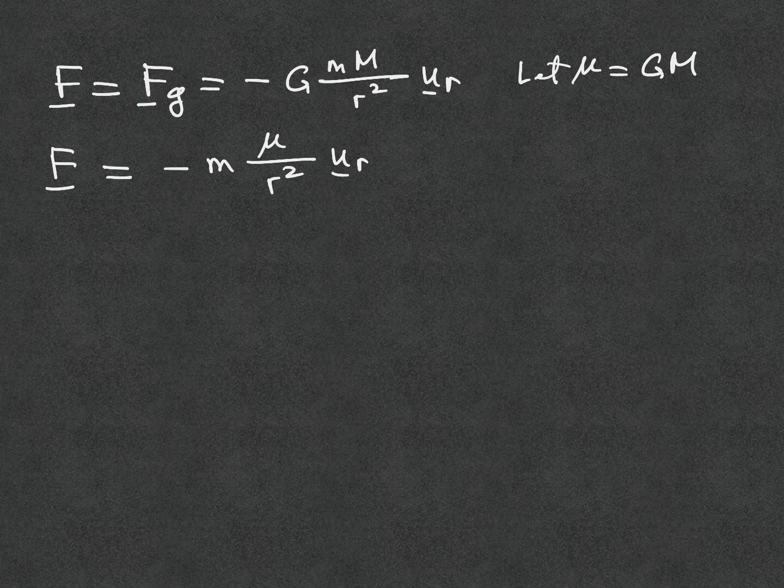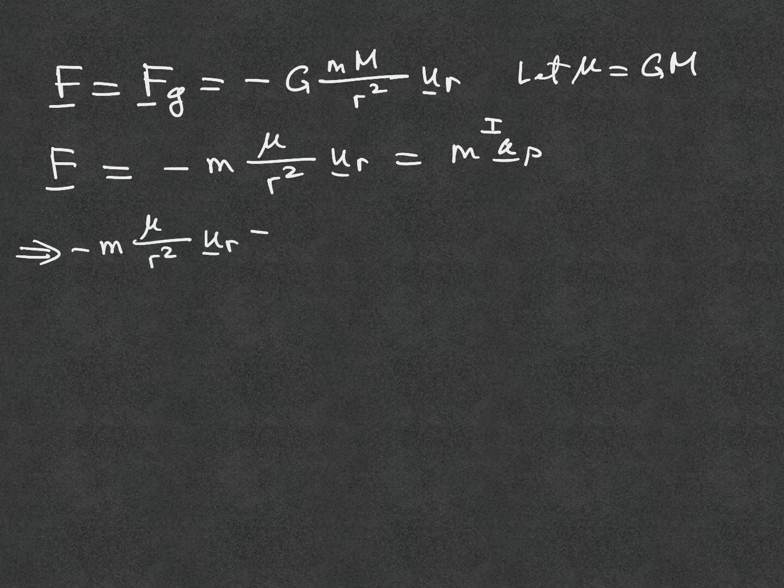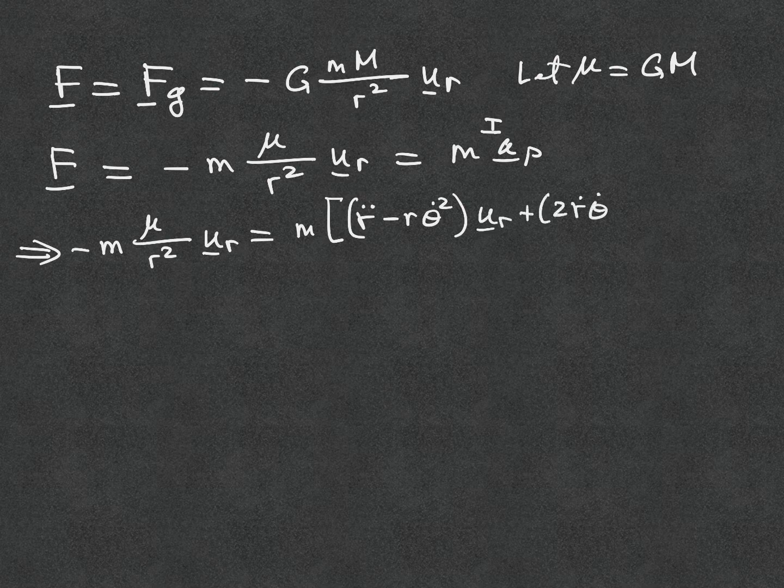So now I know that that has to equal the mass times the inertial acceleration. So that gives me minus m times mu over r squared u_r is equal to m times r double dot minus r theta dot squared u_r plus 2 r dot theta dot plus r theta double dot u_theta.